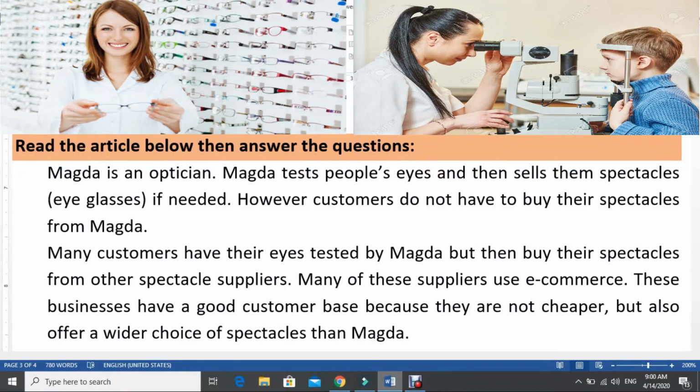However, customers do not have to buy their spectacles from Magda. Many customers have their eyes tested by Magda, but then buy their spectacles from other spectacle suppliers. Many of these suppliers use e-commerce. These businesses have a good customer base because they are not only cheaper but also offer a wider choice of spectacles than Magda.